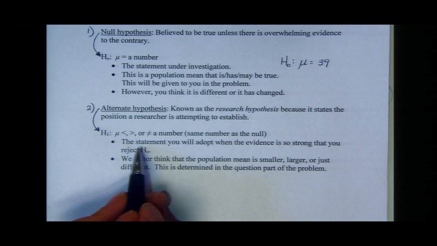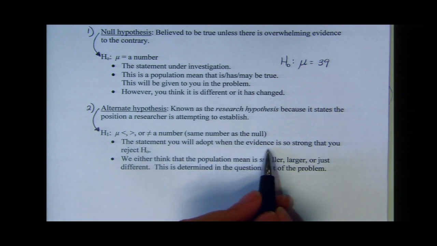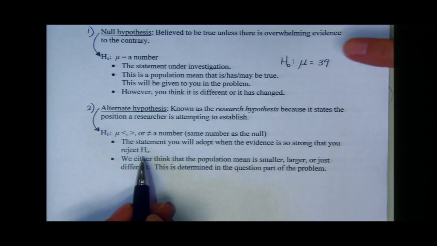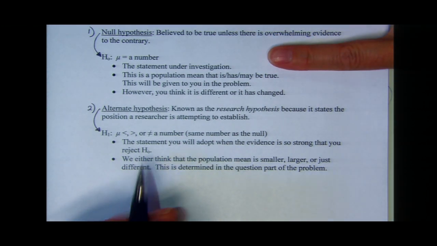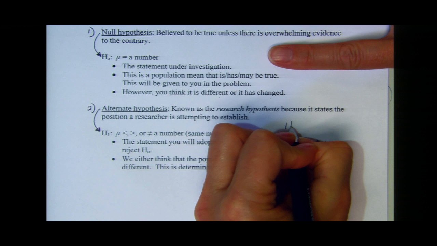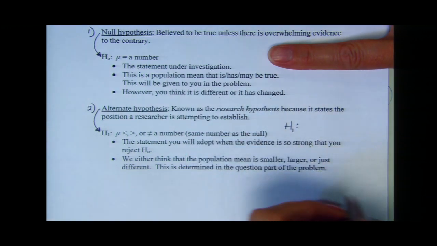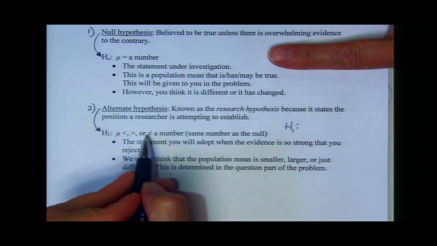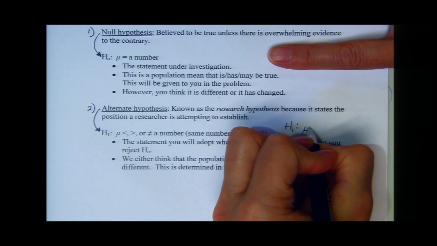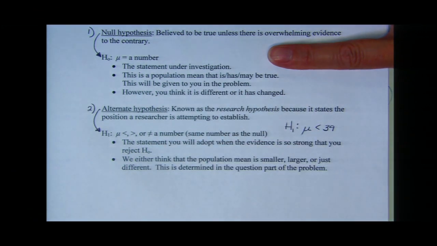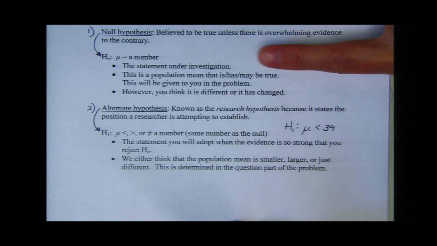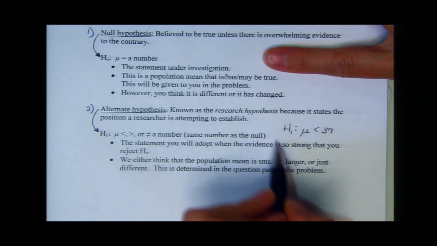So this is the statement you will adopt when the evidence is so strong that you reject this. So if we have enough evidence to say this isn't true, then the alternate is what we would say is true now. Now my guess is, it could be any of these inequalities, but my guess is we would think that the average age of NOC students is less than 39. So if we have enough evidence, we can say this is not true, this is true.